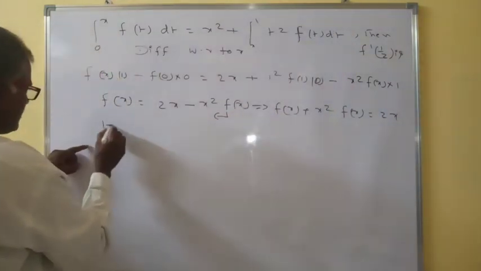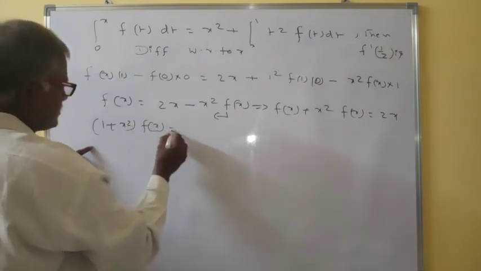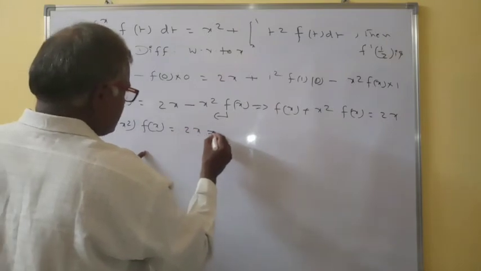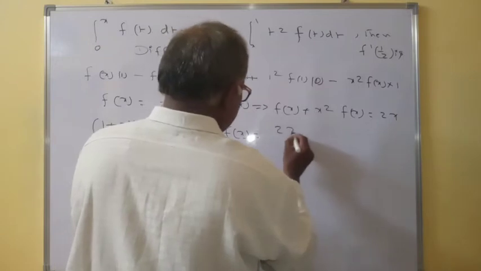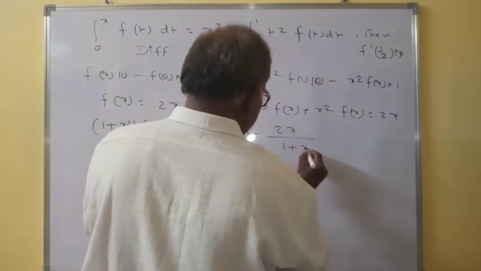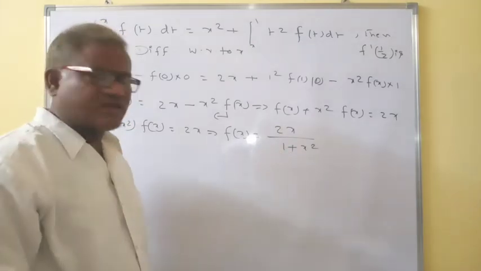That means 1 plus x square times f of x is equal to 2x. That means f of x is equal to 2x by 1 plus x square.